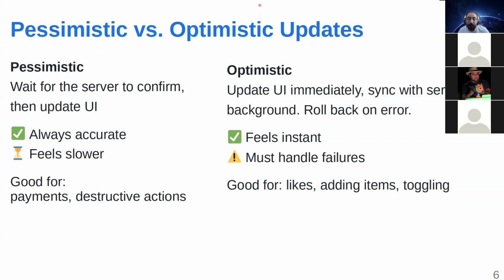If the server request fails, we need extra code to undo or roll back the changes. So optimistic updates are great for actions like liking posts, checking tasks, or adding comments. Let's call them not crucial. This is our pessimistic and optimistic updates.